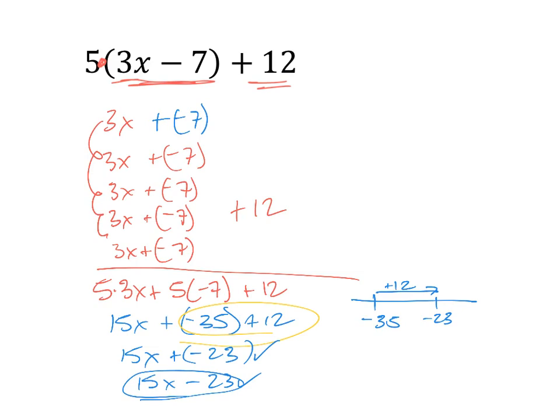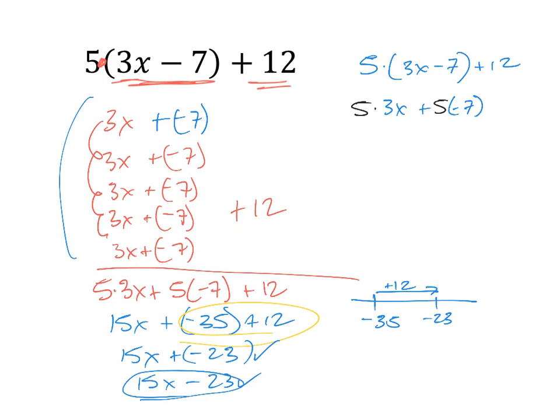Okay, so what we just did was I showed you this so you could understand where distributive property comes from. But if you had 5 times 3x minus 7 plus 12, you could do this quicker by just saying I'm going to have 5 times 3x plus 5 times negative 7 plus 12.